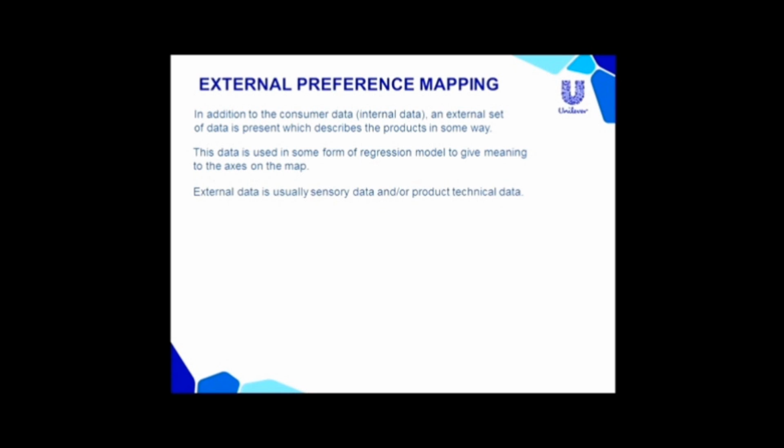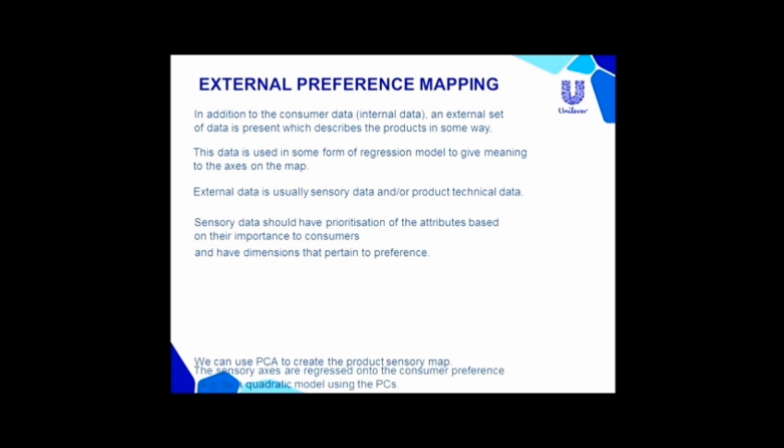The sensory data really has to have some kind of prioritization for consumer preference. It must pertain to preference, otherwise it's not really going to make any sense. There's got to be something in there that will direct preference in the consumer.